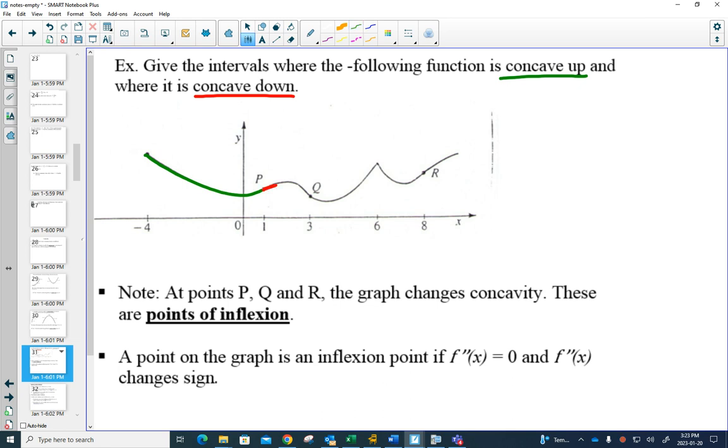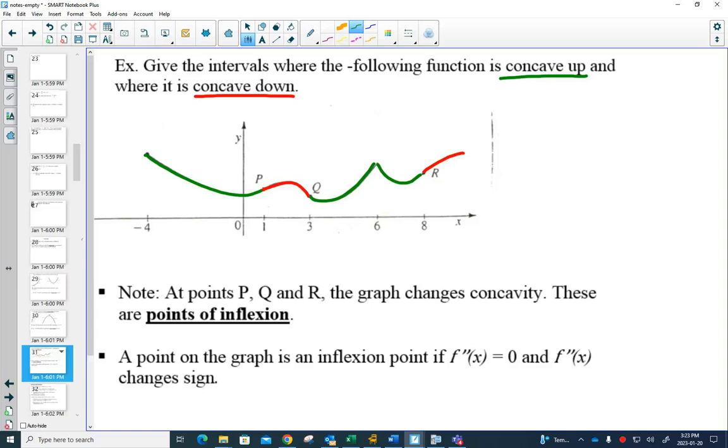Then it switches to concave down, switches back to concave up, still is concave up here, and then goes back to concave down. And we call the places where a graph changes from concave up to concave down points of inflection.